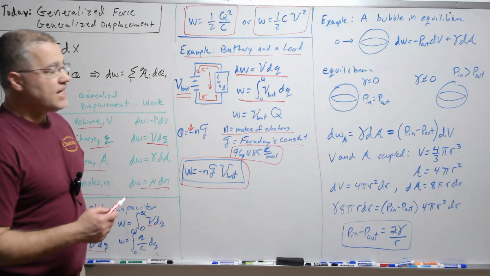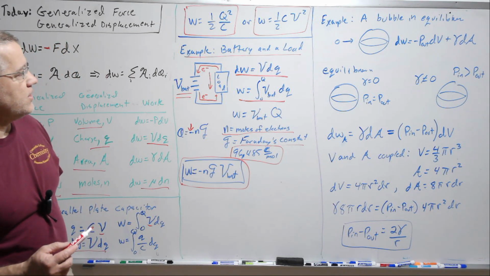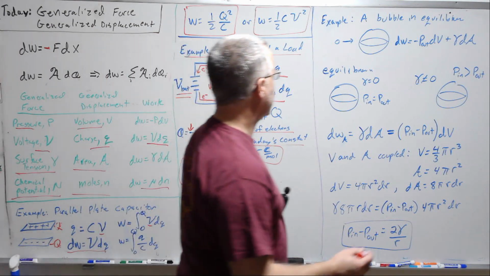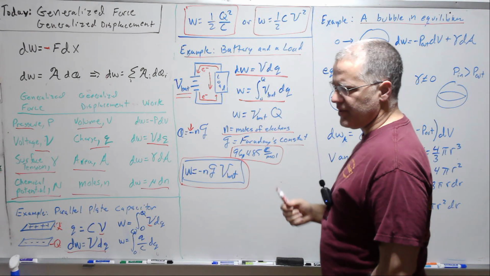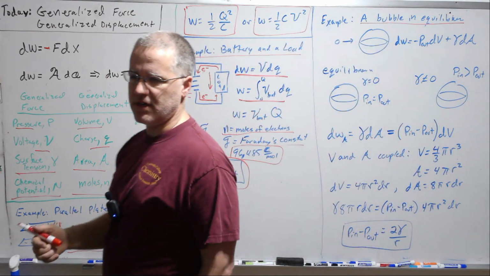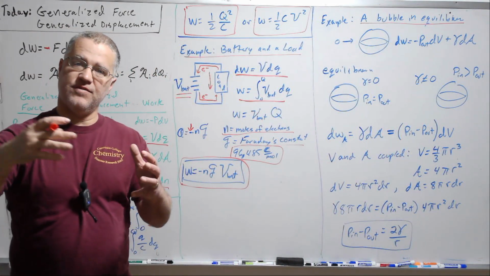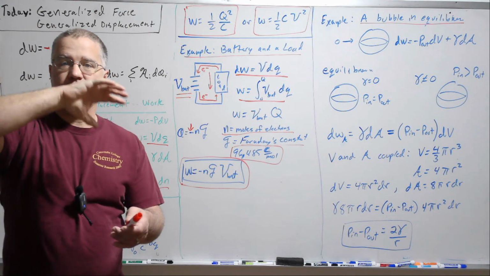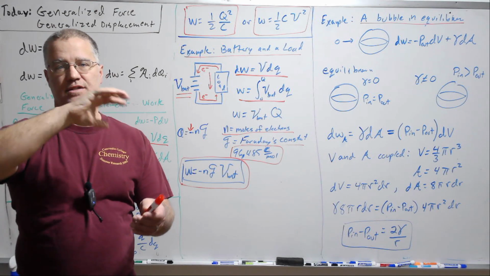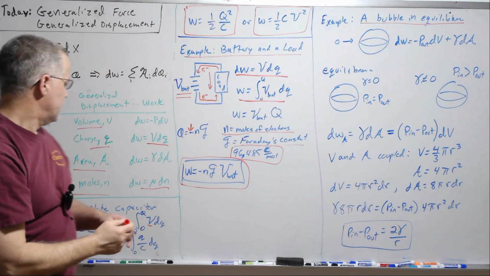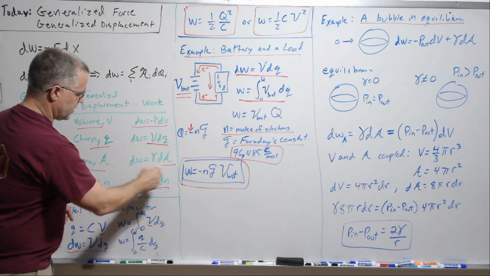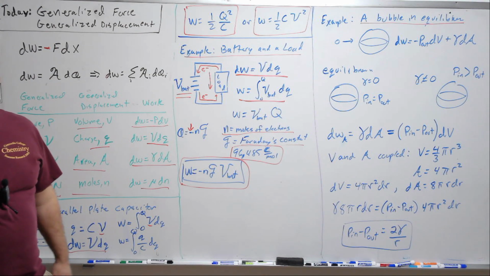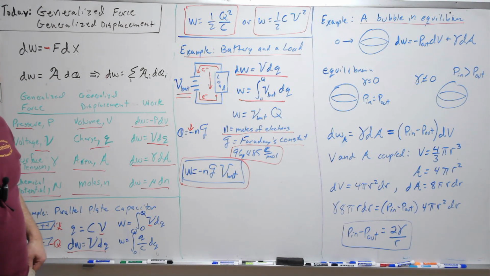All right, for our last example, we'll look at this a little bit differently. Let's look at an example of a bubble in equilibrium. If we think about the components of a bubble, well, it's got some volume, and then the bubble has some surface tension to keep it together. So we're going to need a pressure-volume term and a surface tension term.